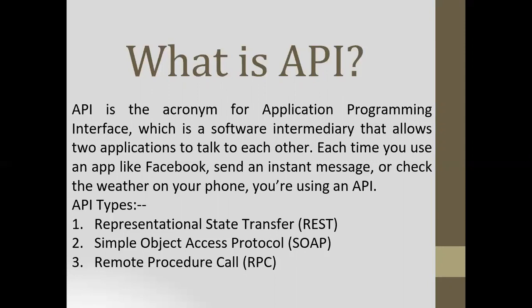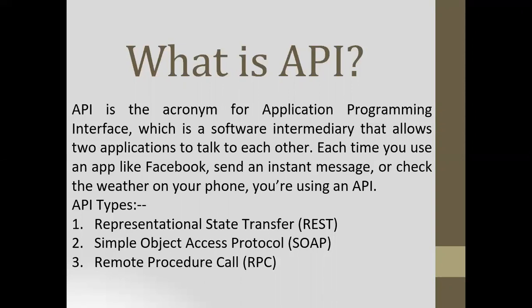Basically, when we are interacting from one application to another application and want to extract some data from a SQL DB, we can directly go and fire a query there and get the data. Or we can use APIs, application programming interfaces, which interact with the SQL DB and give you the required data.